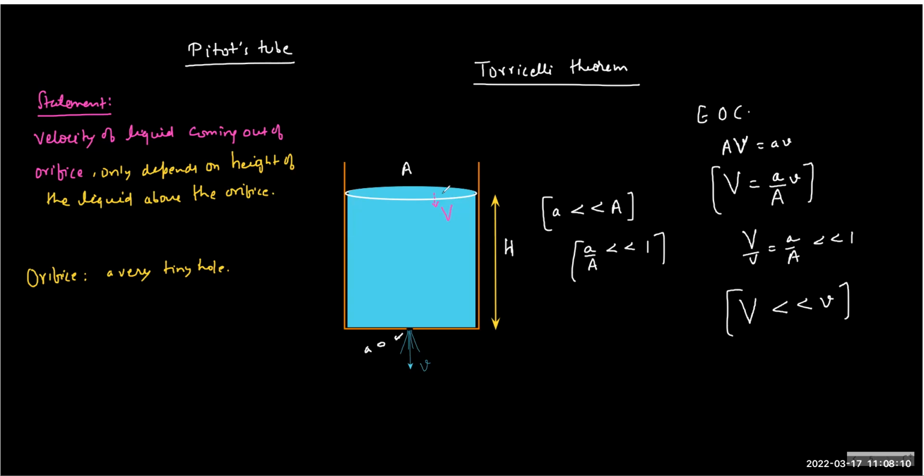So now you can write the Bernoulli theorem between this cross section and just outside the container. You may be wondering why this cross section. If I choose cross section 1, we know the pressure here is P atmospheric, right?